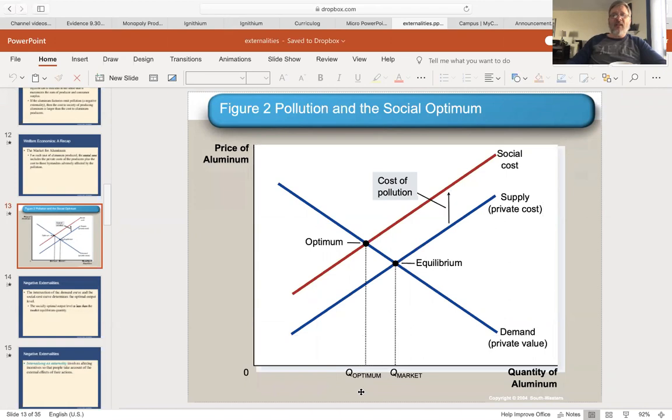Now, there's something that's important to note, right? Which makes most economic analysis of these pollution problems, or what you might call, more broadly, these external cost and benefit situations, different from the way that other disciplines analyze them.